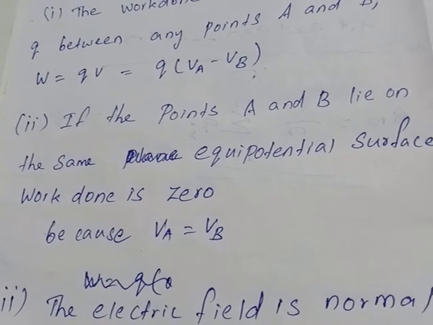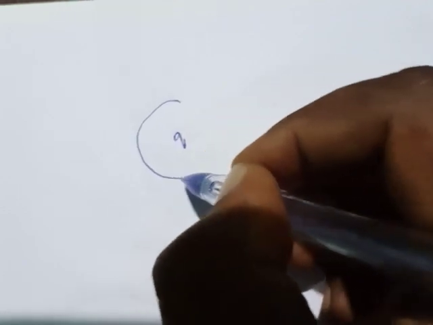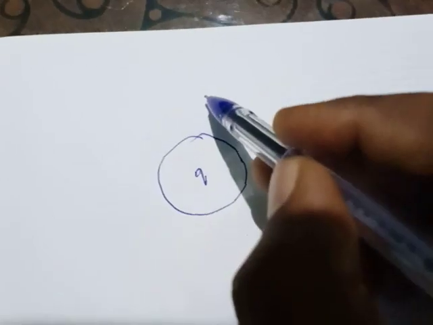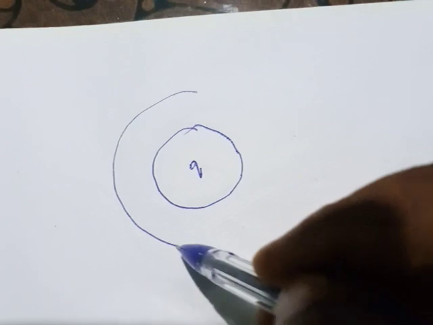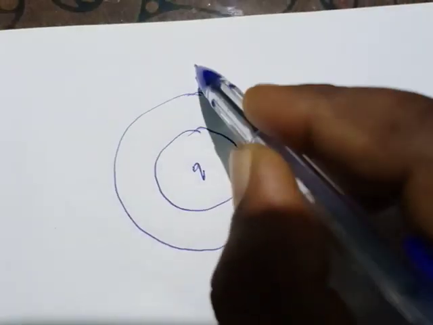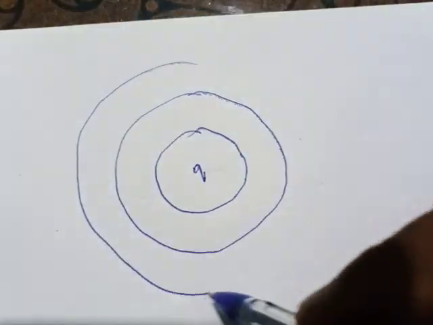Now the third property I will tell you. Assume that this is the charge, Q is the charge, and at R distance there is an equipotential surface.